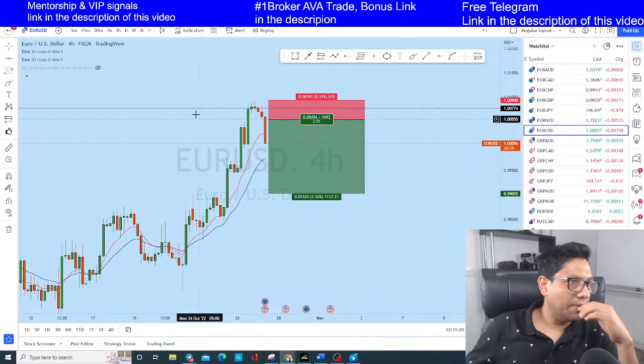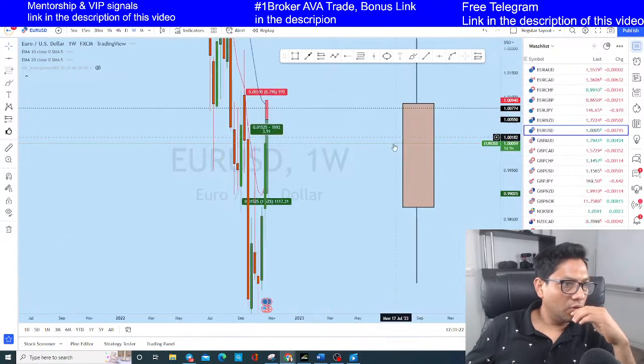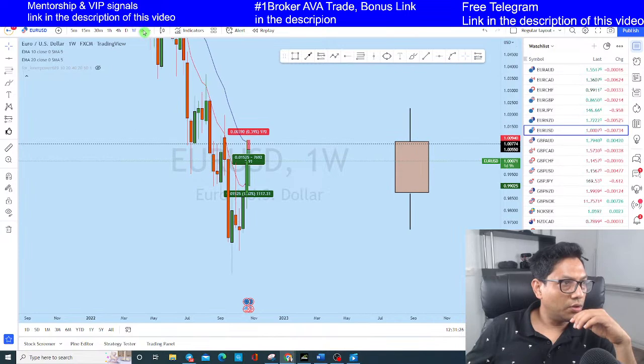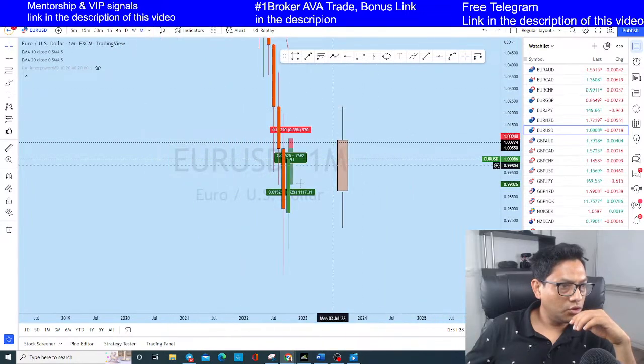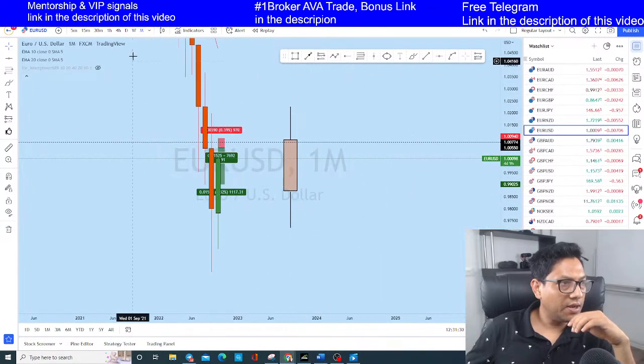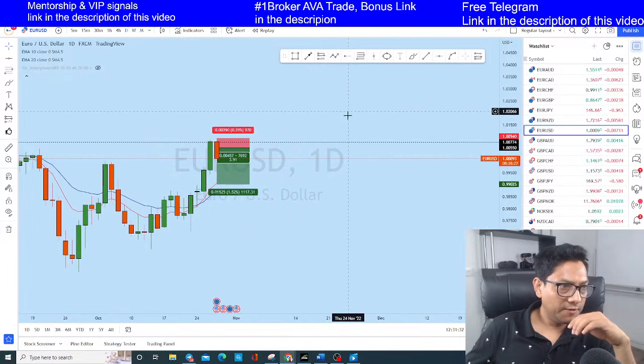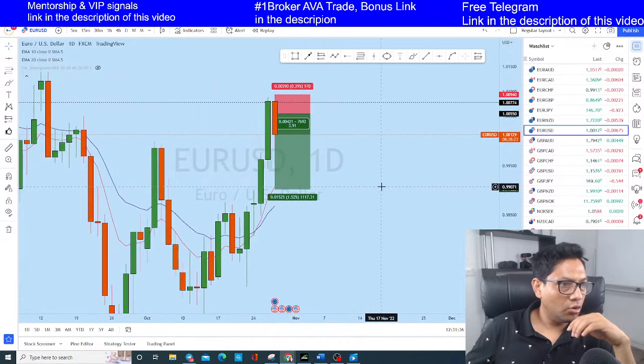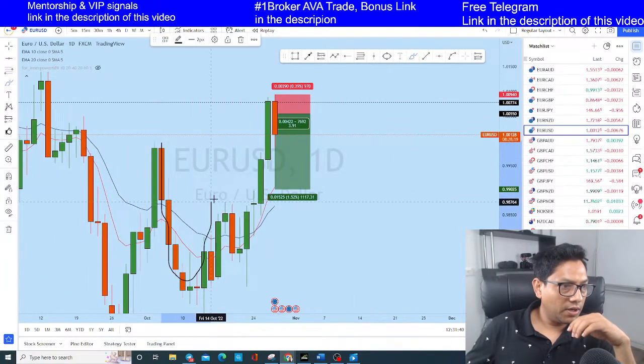Because euro dollar, as I mentioned, if you look at the bigger picture, we should see that this instrument is coming down and hitting our profit target. This is the daily chart on euro dollar and it has gone up completely this way.